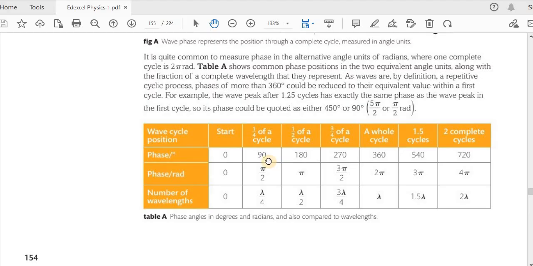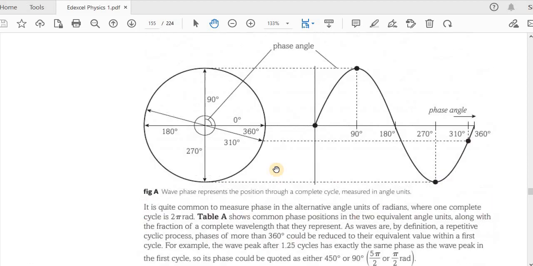Quarter of a cycle, phase is 90 degrees, in radians it's pi over 2, the number of wavelengths is one over 4, quarter of a wavelength. So when you go from here to here, you can see the angle is 90 degrees and the whole cycle is from here to here, which is 360 degrees.